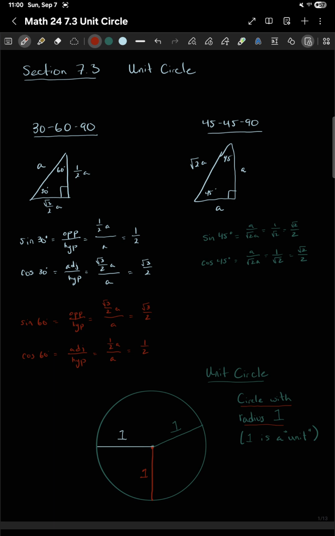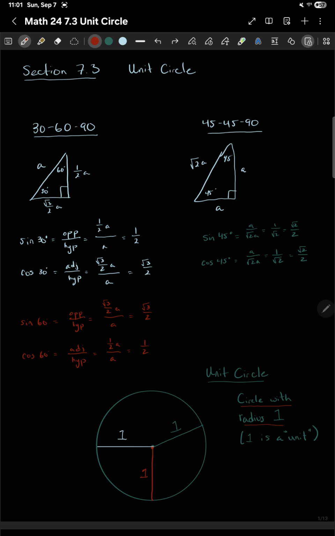We're just saying the distance from the middle of the circle to the outer edge is 1. No matter which direction I go, because a circle is perfectly round, as long as I start from the center and go outward, the distance is going to be 1.